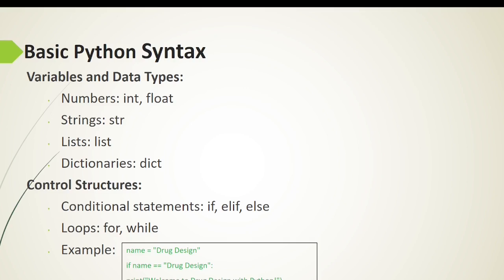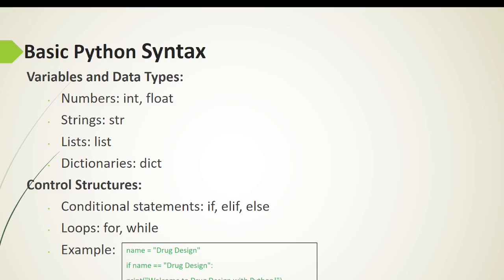And in case of control structures, we use different conditional statements and loops. I've given some examples of conditional statements. In case of if, we use this block of code if the condition is true. Whereas elif, that is else if, checks another condition if the previous statement is false.